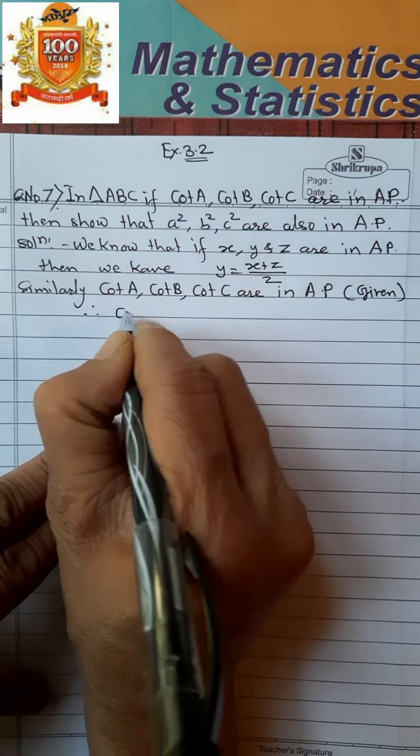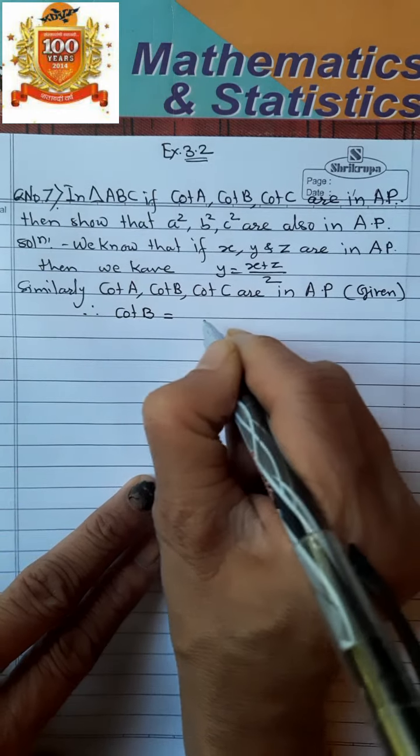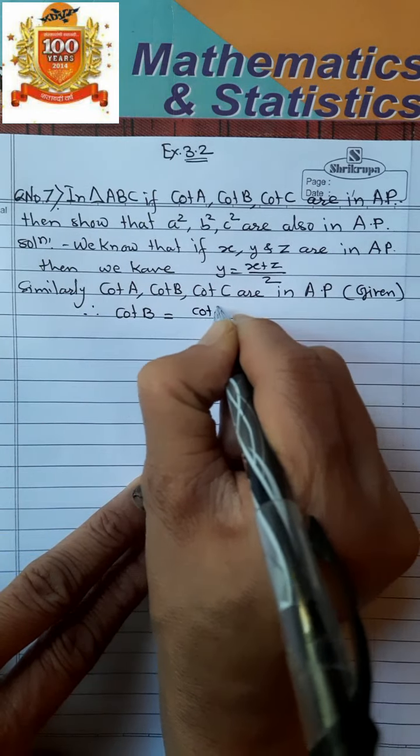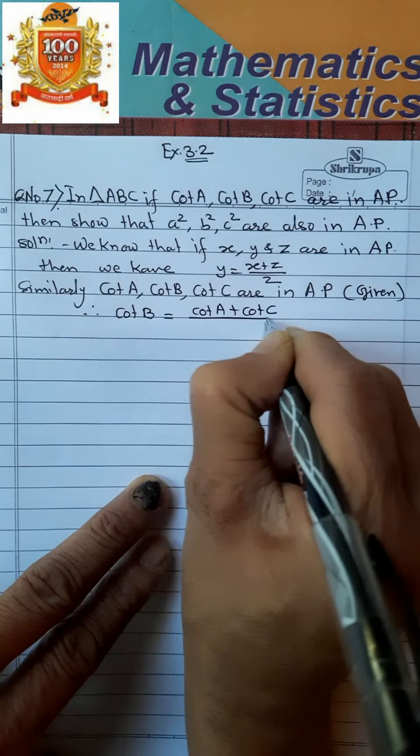Therefore, cot B is equal to (cot A plus cot C) upon 2.